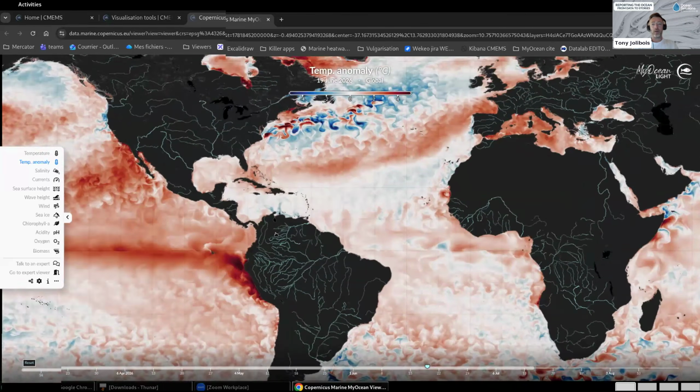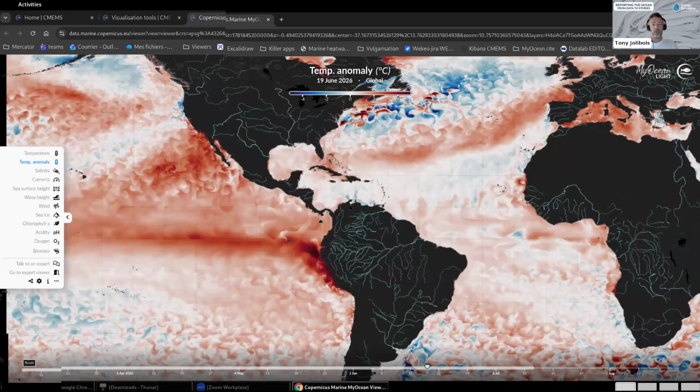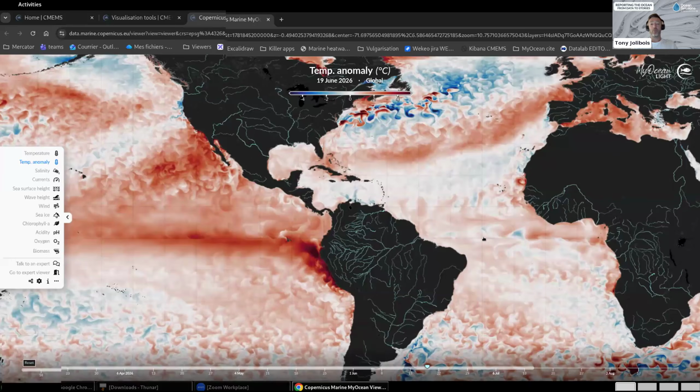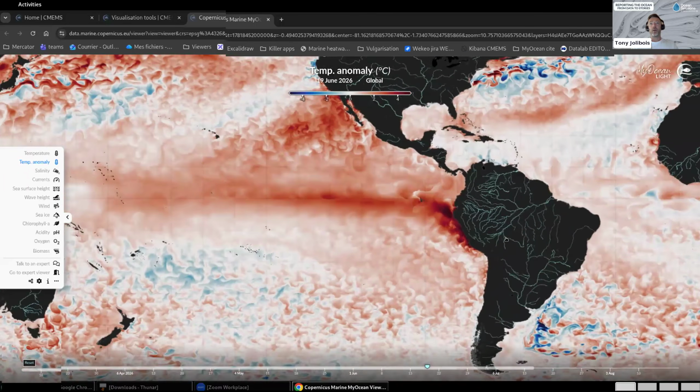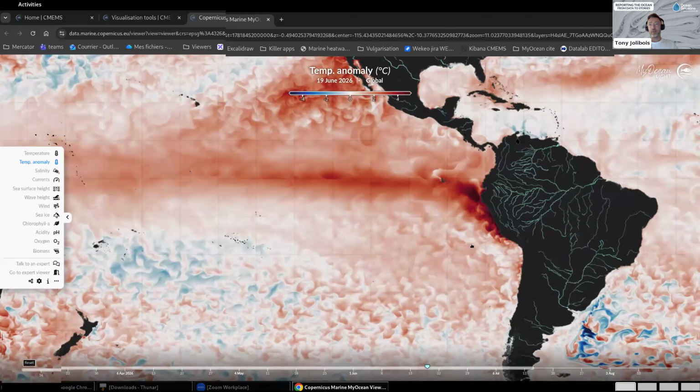The long-term average for each day of the year is calculated with the reanalysis product using the period 1993 to 2016. So how can El Nino be observed using a sea surface temperature anomaly? On the map, we are on the tropical Pacific, okay?